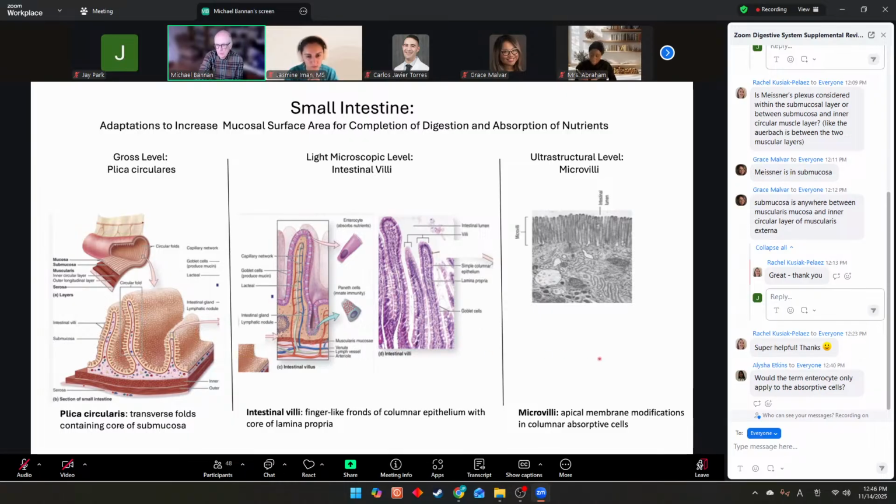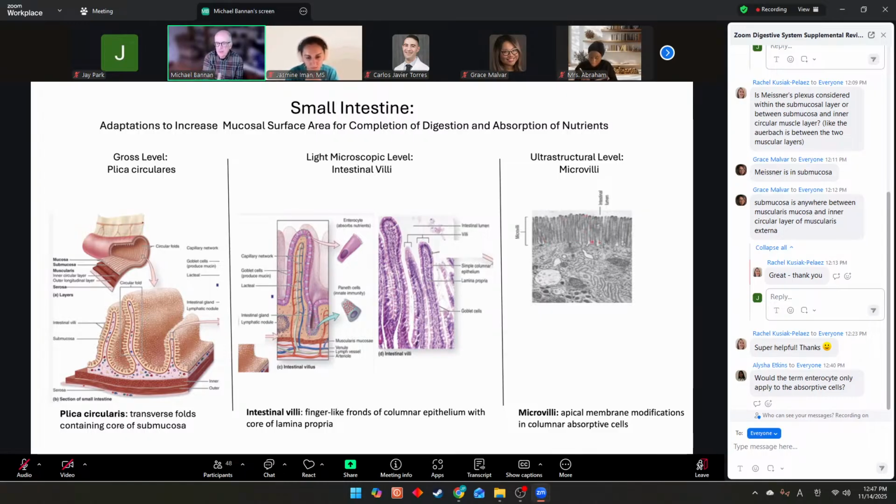The third level of modification is the ultrastructural level. So if we look carefully at these cells at the very luminal edge and we magnify tens of thousands of times, we can see that the apical membrane is modified to have these microvilli, these protrusions of cytoplasm with actin filaments that increase the amount of the surface membrane dramatically.